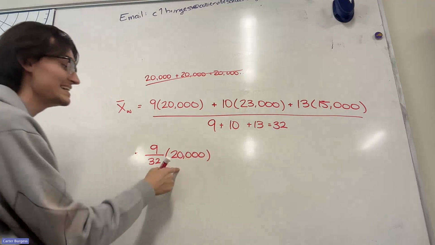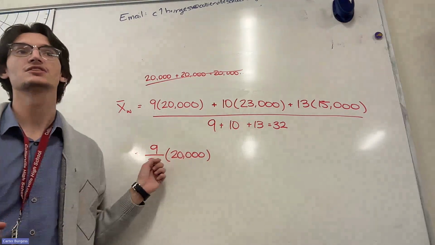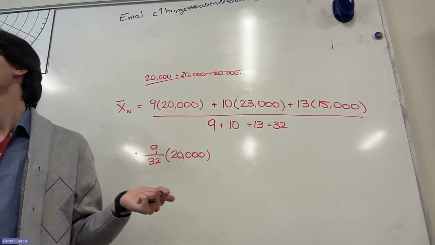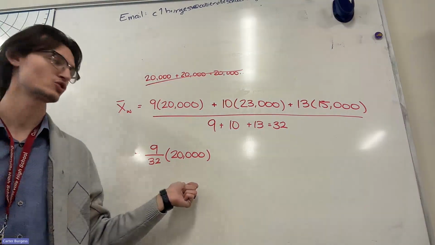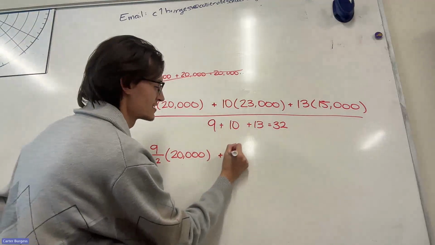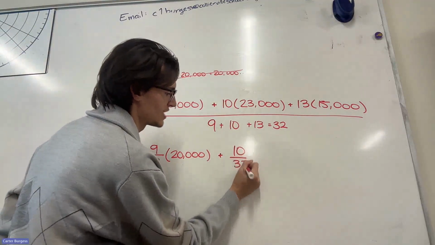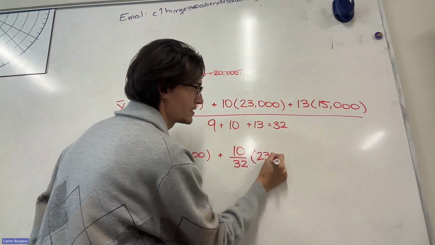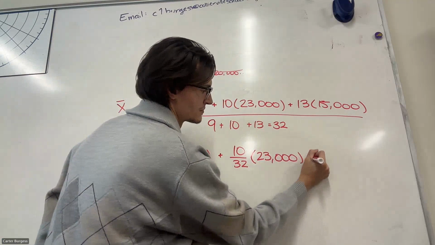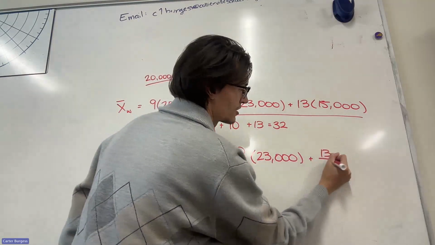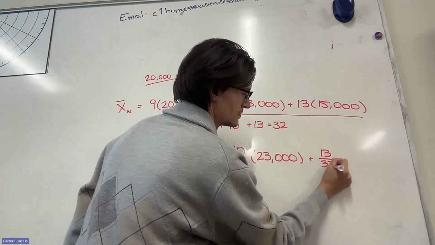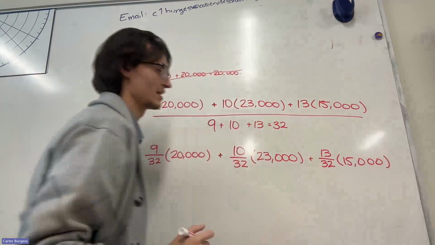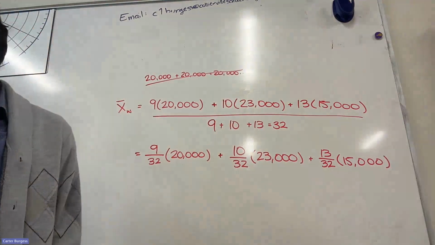This is weighting the 20,000 to be about 1/4 of my sales. We're saying that 10 over 32, so a little bit more than 1/4 of our sales, are coming from 23,000. And a little bit more than 1/3 of our sales are coming from this 15,000. That might even be like 40% of our sales, something like that.